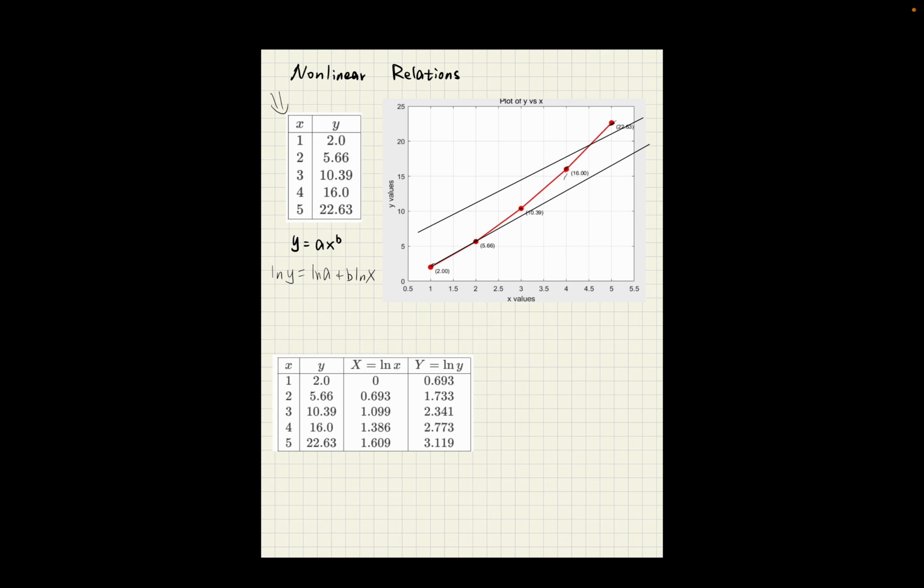Let's say capital Y is equal to ln y, this is capital X, this is capital A, and this is capital B. Then this equation is actually Y equals A plus BX, right? We turn it into a linear form by simply taking ln on both sides.